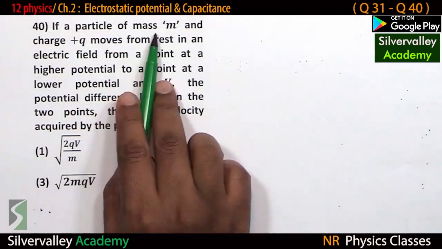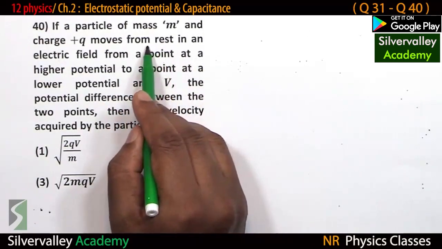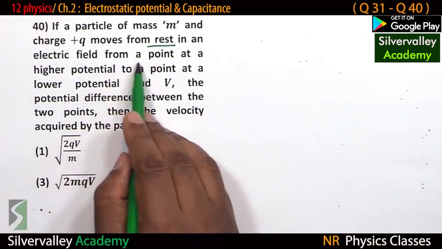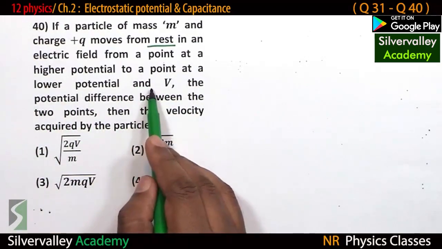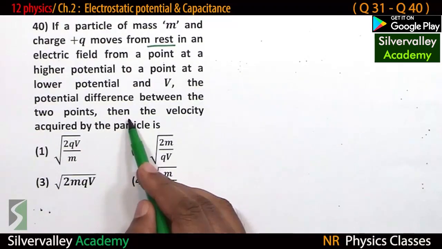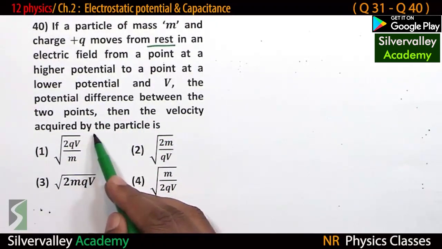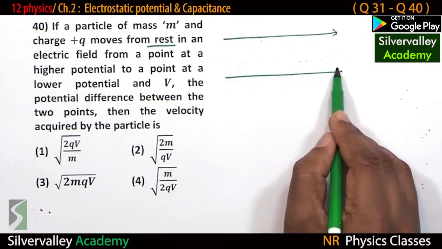If a particle of mass m and charge q moves from rest in a uniform electric field from a point at a higher potential to a point at a lower potential, with a given potential difference between the 2 points, then the velocity acquired by the particle is. So this is the electric field.